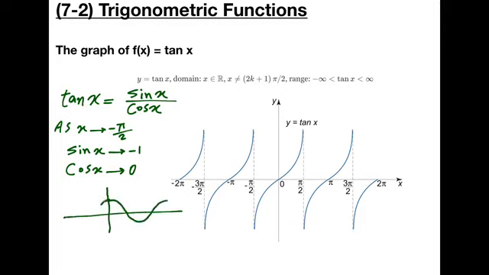On the left side, it's like this. And this point over here is negative pi over 2. So as x approaches negative pi half, as you see, the cosine function again decreases to 0 with positive signs, right? So cosine decreases to 0.